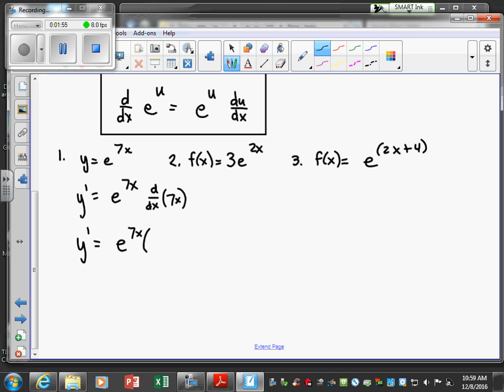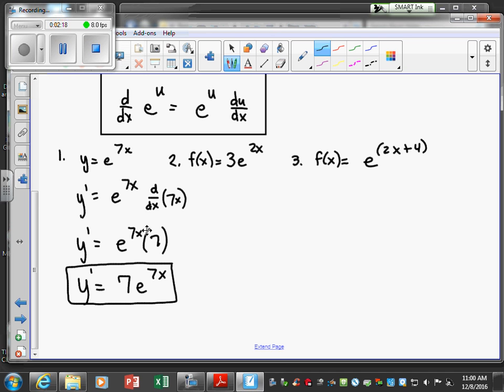What is the derivative of 7x? Just 7, yeah. So we can pull that out front. So y prime is 7 e to the 7x. Now, like I said, when we do this, we'll be able to go straight from here to here, but I want you to see the trail of notation just for these, the introduction of this.